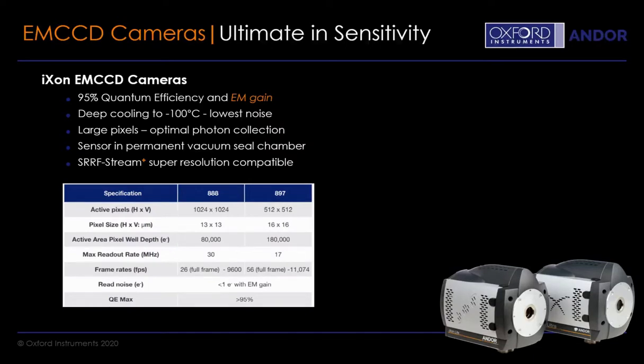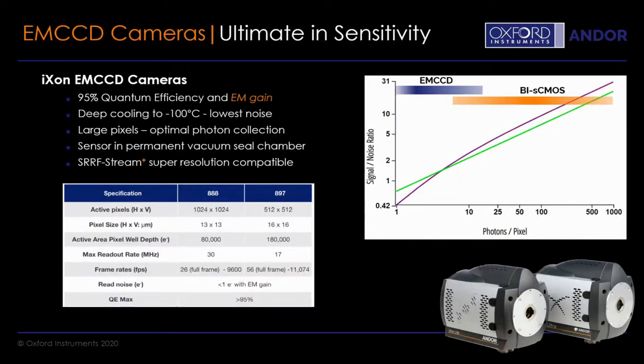And as well, they also have the facility to run super resolution through any microscope using SurfStream Plus. There are two models of EMCCD cameras, or two sensors rather I should say. One of them is the iXon 888, which has been covered here, and that has this larger array size for EMCCD cameras and the slightly smaller pixel. And there's also another model, the 897, which is a smaller sensor format EMCCD.